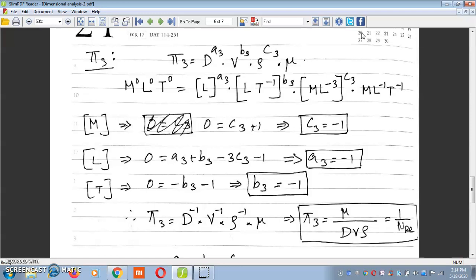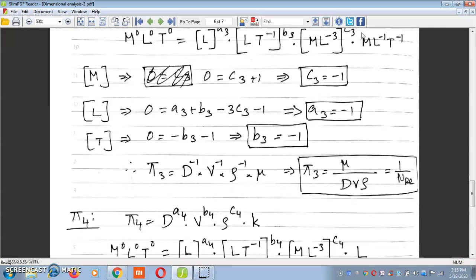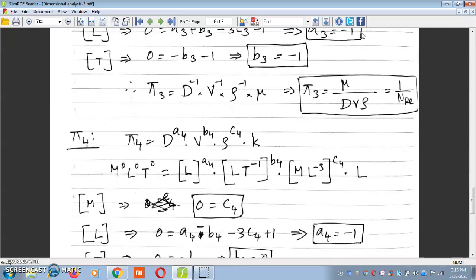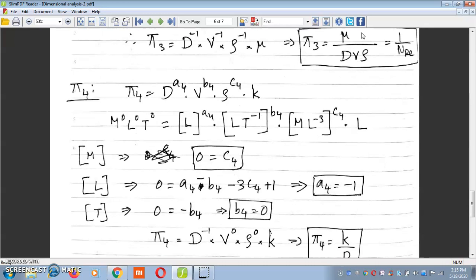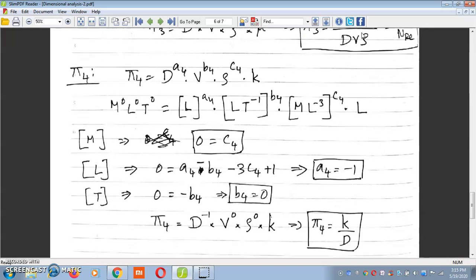If we have chosen another configuration of repeating variables, we may not get such meaningful dimensionless numbers. That is why while choosing the repeating variables, we have to be careful so that we get some meaningful dimensionless numbers. Then I solve for the pi 4 term. Same way, I get pi 4 as k by d.